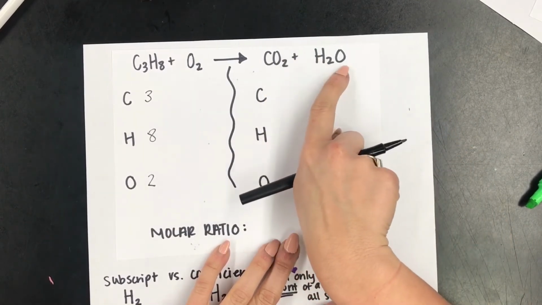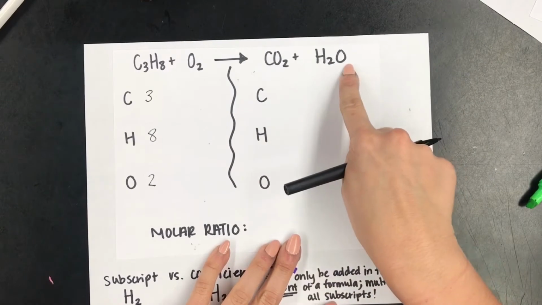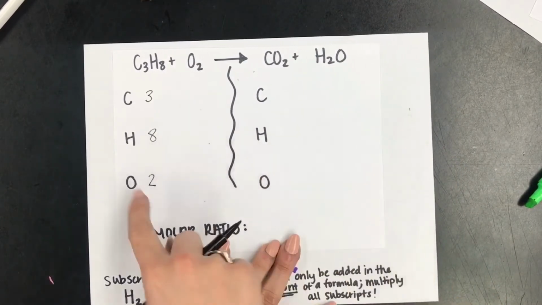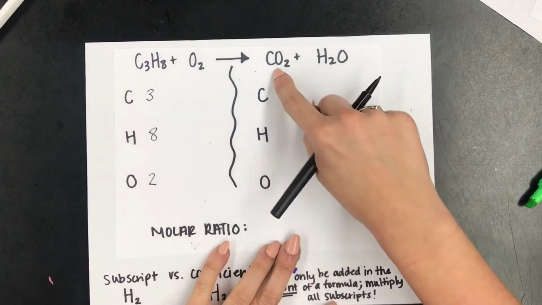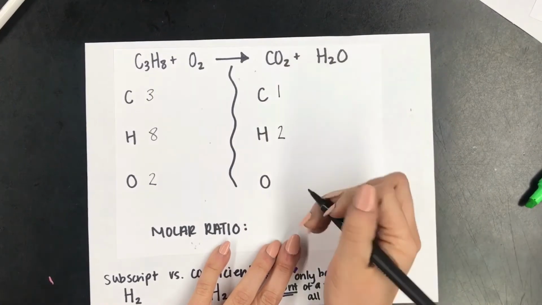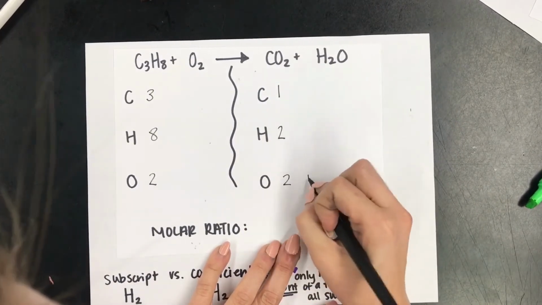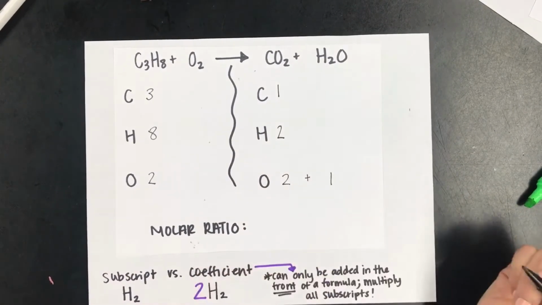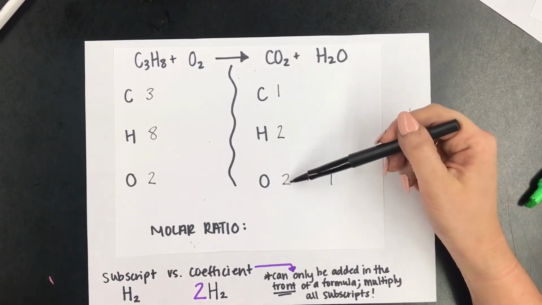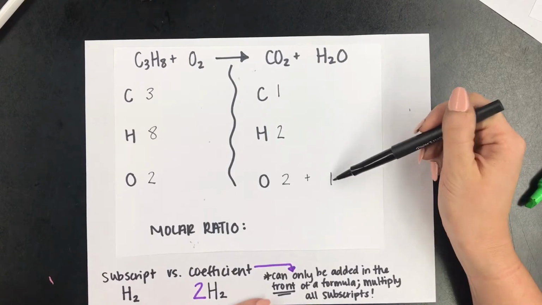Oxygen, though, is split up over here, but it is still oxygen. So at the end of the day, the total count of both of those oxygens should still equal this 1 oxygen. So we're starting off with 1 carbon, 2 hydrogen, and then I'm going to list them as 2 plus 1. Whenever I put a coefficient here, it'll change this oxygen. Whenever I put a coefficient here, we change that oxygen.